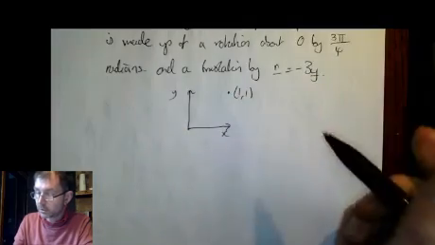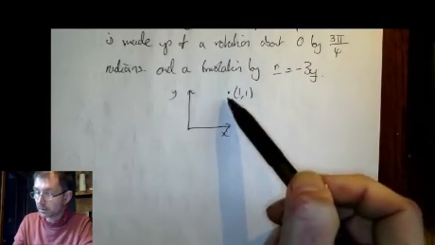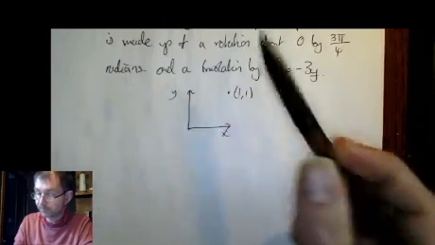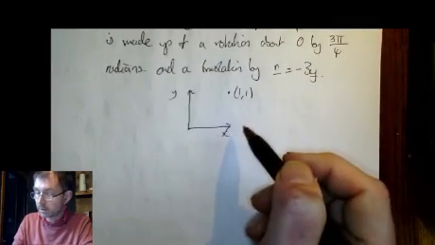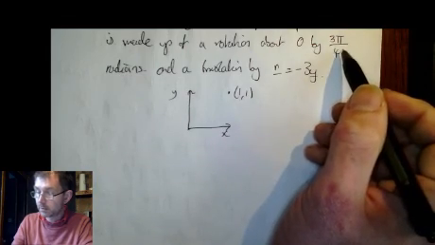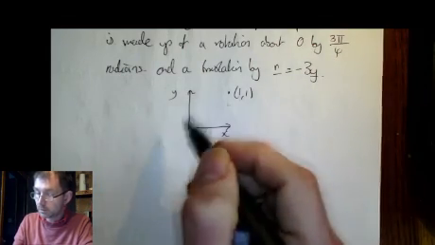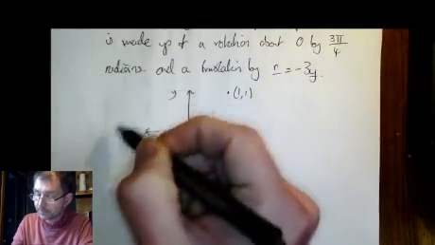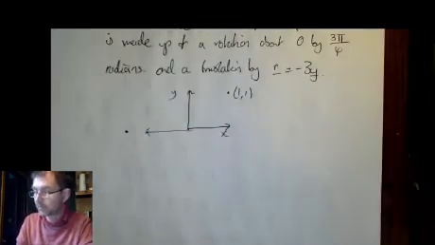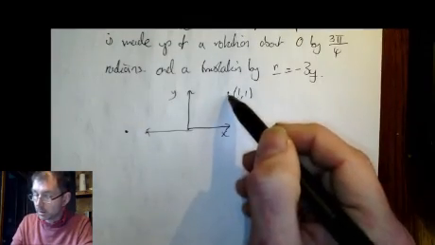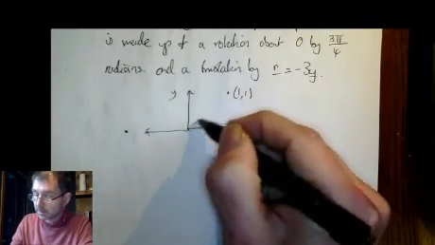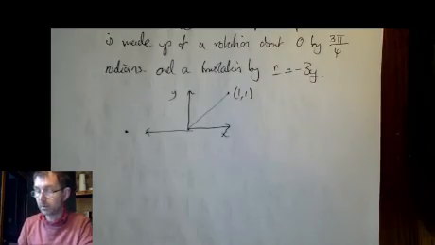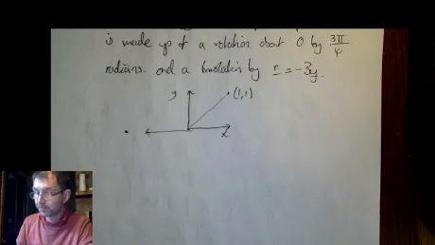The first thing we want to do in applying this affine transformation is to do this rotation, and since it's a rotation by 3 pi over 4, we are going to end up over here. That is 45 degrees, so we're going round all the way to 180.